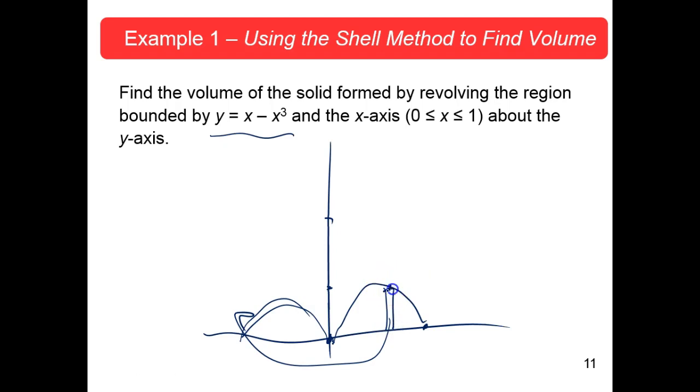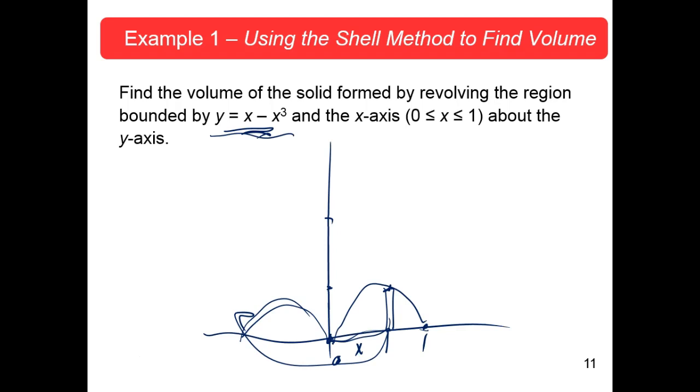The height of this is simply your function height. Your integral is going from 0 to 1, and the radius here is x. You can't get much easier than that one. How far is x going? From 0 to 1. The radius is x.